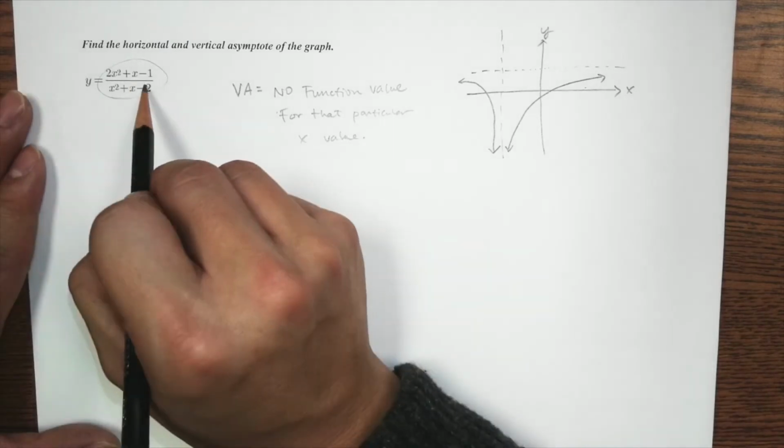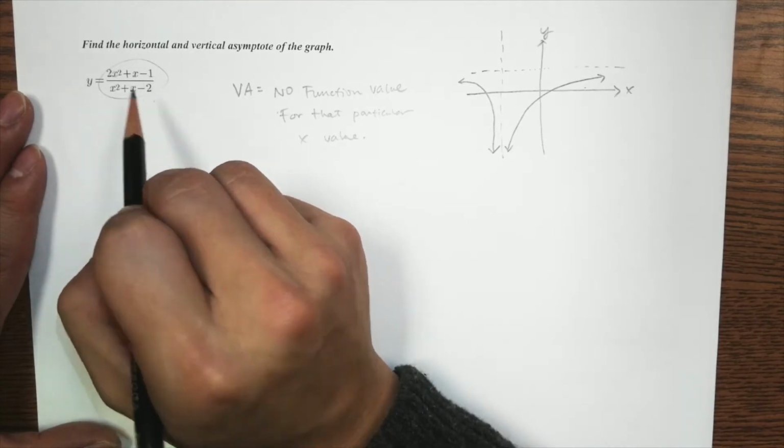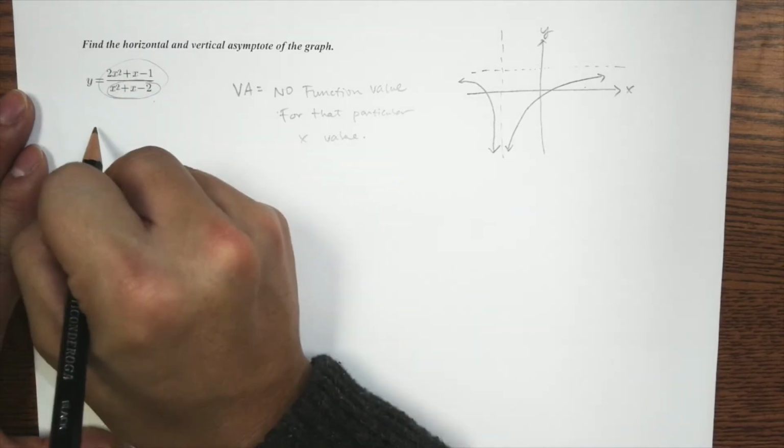Well, consider that this is a rational function, a fraction. So it could become undefined if the denominator is equal to 0.